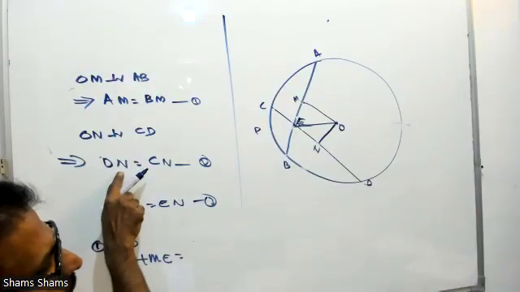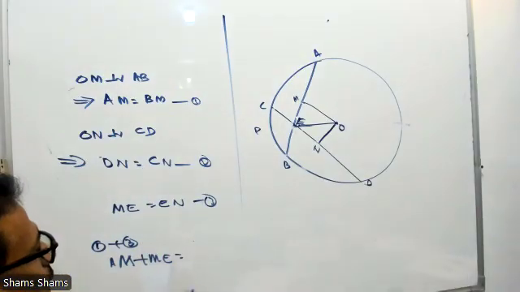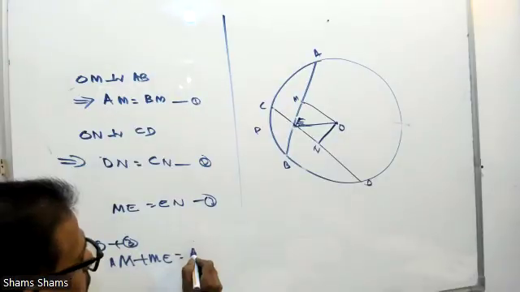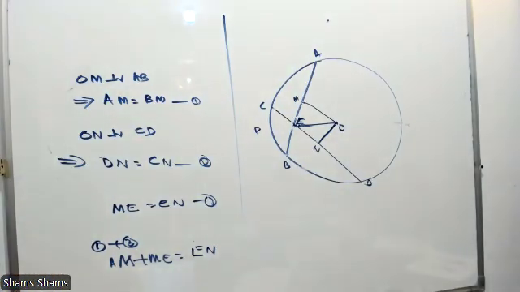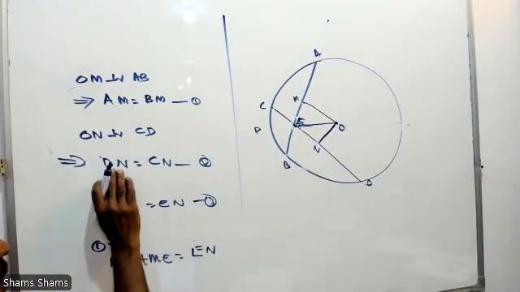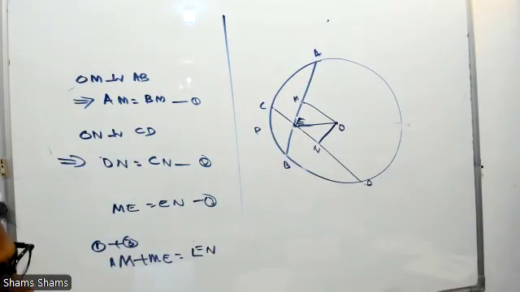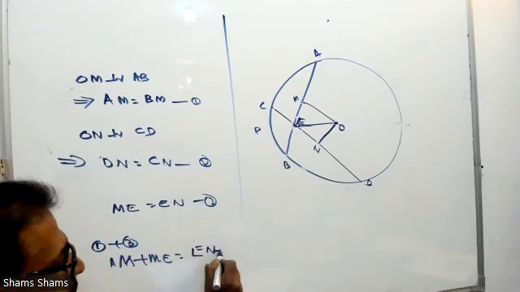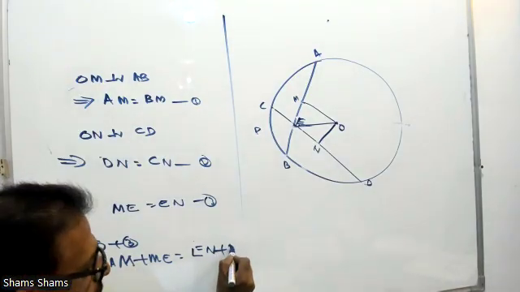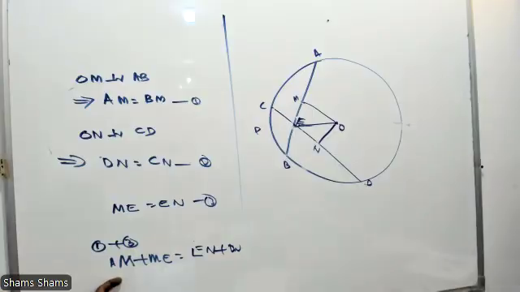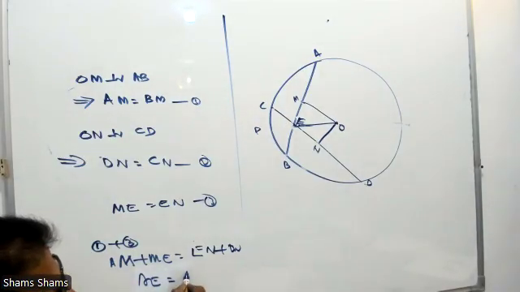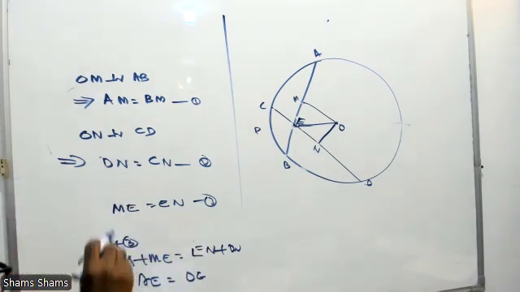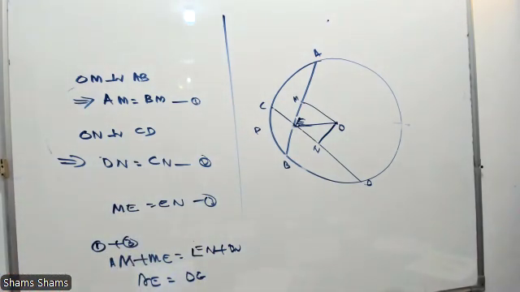DN equal to what? CN. This one EN. Now EN plus DN, so you can change it to CN. What do you get? EN plus DN. So what happened? AM and ME, AE equal to what? DE. Okay.